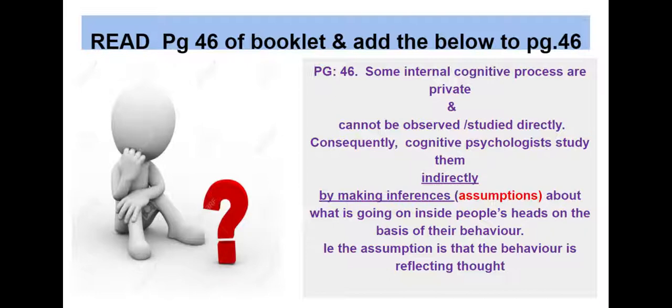And you think that that is reflected in their behavior. So you observe their behavior and you make assumptions about how they are actually thinking. Right, I'll leave you to pause to read page 46 and take your notes now, and I'll carry on with the presentation. So come back to it when you are ready to do so.